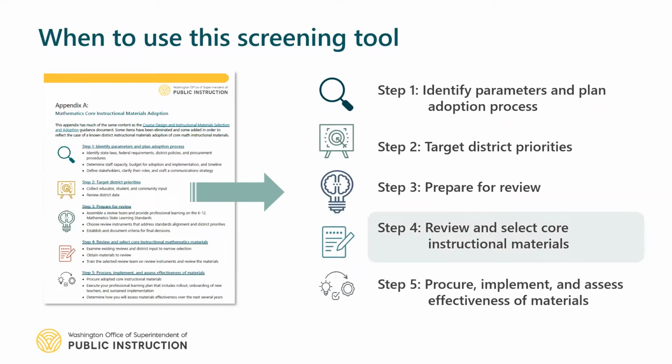Here's where reviewers need to examine both alignment to learning standards and target district priorities, as well as screening for biased content. But just as importantly, for a really successful implementation of this tool, district teams are really going to need to explore the resource and understand the criteria during step 3, preparing further review. The need is great for reviewers to understand what biased content looks like.